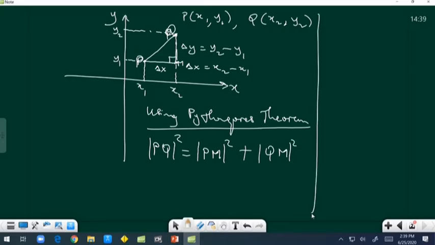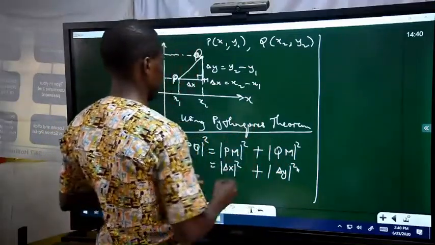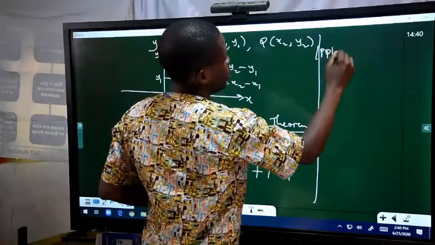Our PM is equal to delta x, so we have delta x all squared, and QM is equal to delta y all squared.